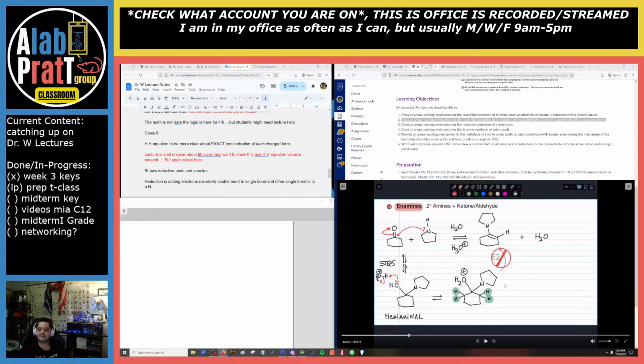His argument for why this is not happening is that if you do the reverse reaction, you need 3 molecules. You would need a water coming in and having a source of protons, an entropy-based argument.